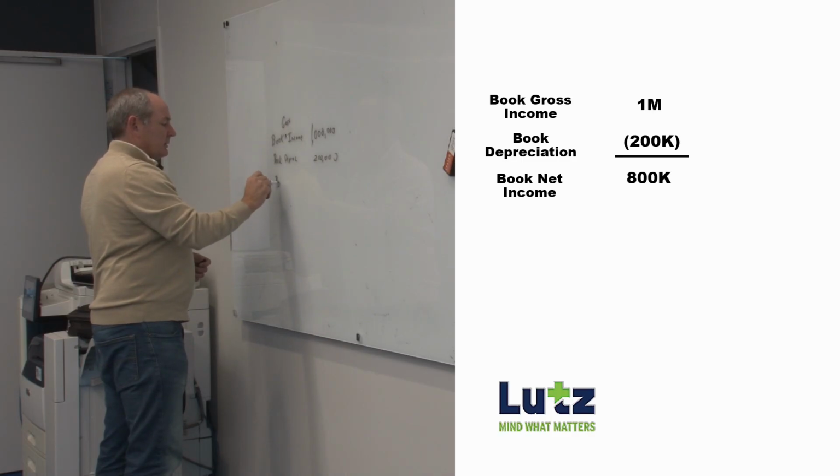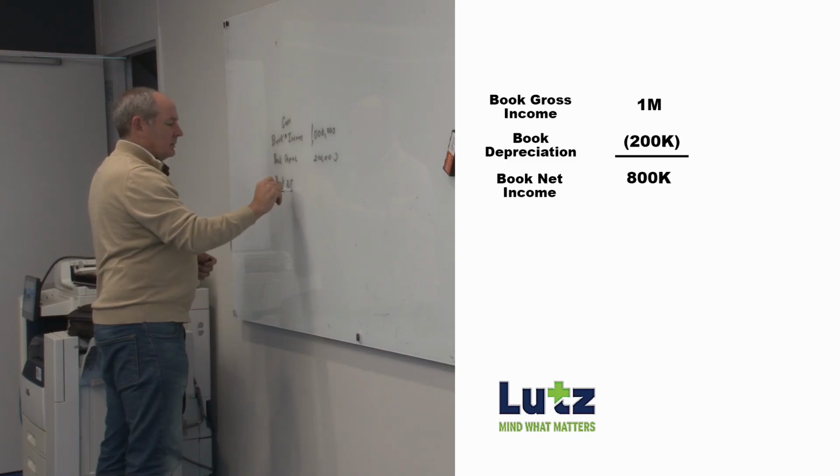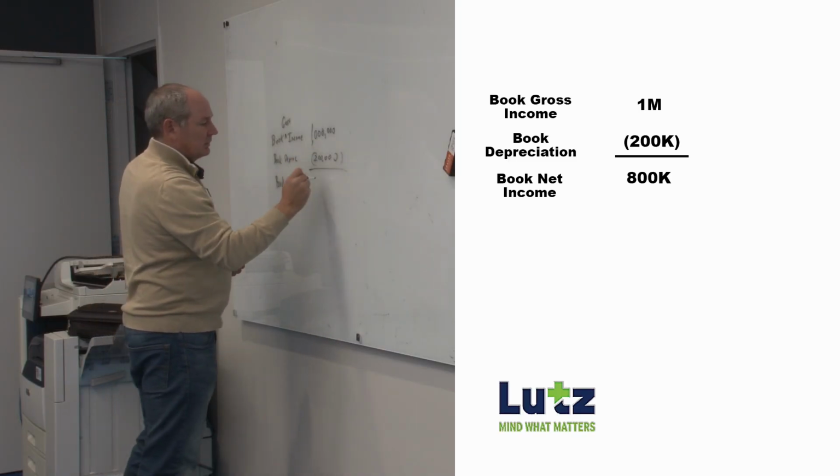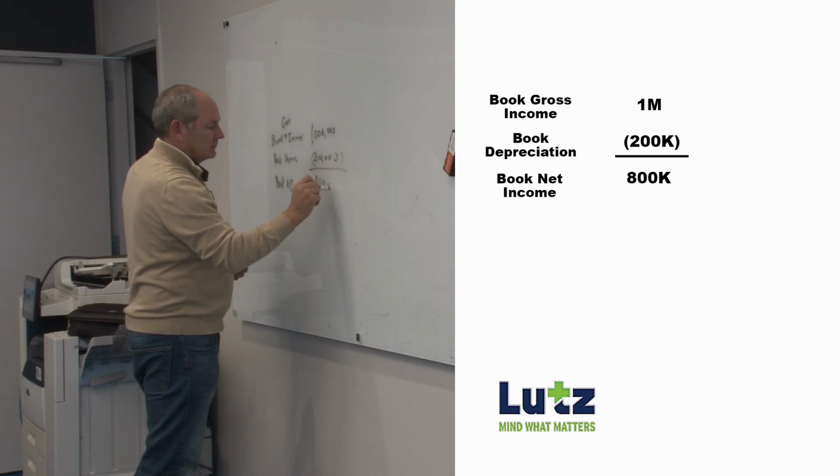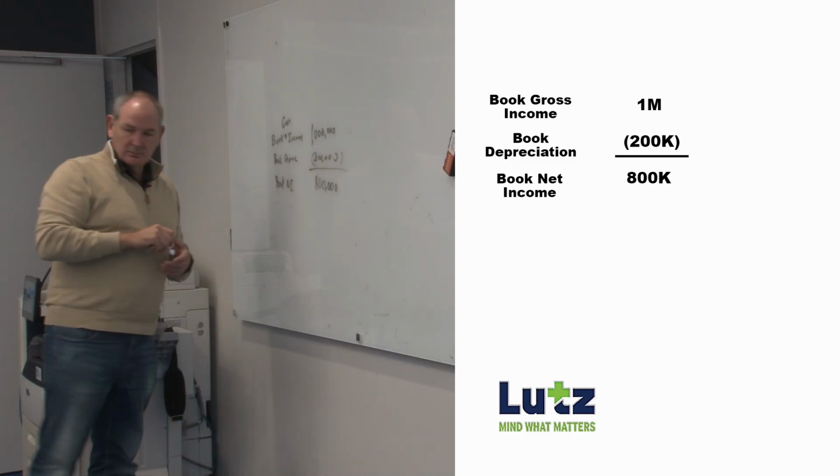I have book net income of 800. Sam, when we're doing an M1 schedule, what number do we start with as our beginning number? Book income. Okay.